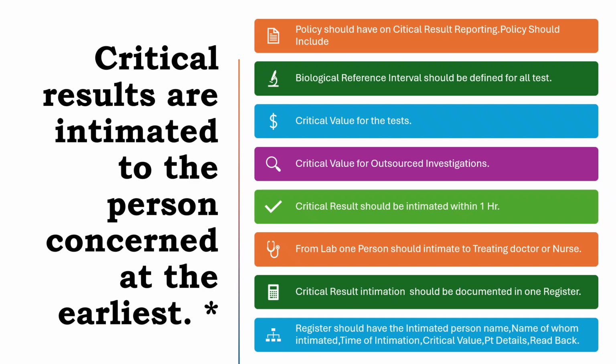So a critical result should be intimated within 1 hour of the test being done. From the lab, one person will intimate the treating doctor or nurse, and they should document it in a register.